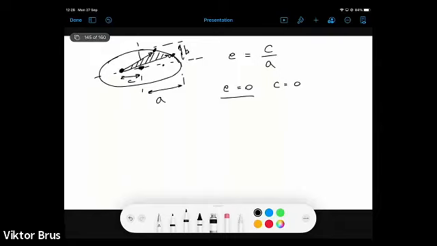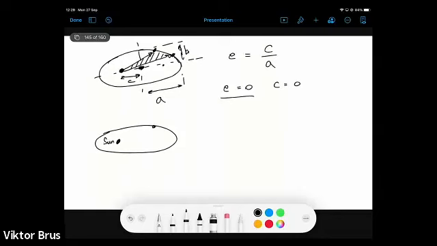So let us try to understand better why it happens and what stands behind it. When we have, let's draw it here, some elliptic trajectory of the planet. Here is our sun.